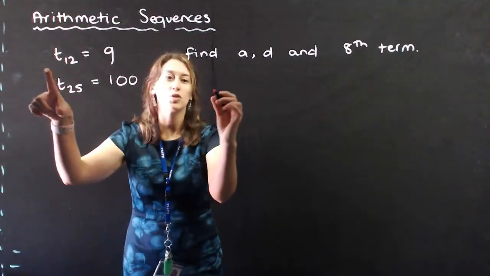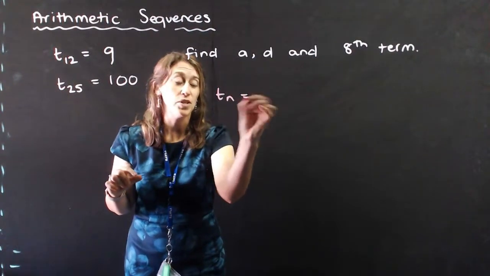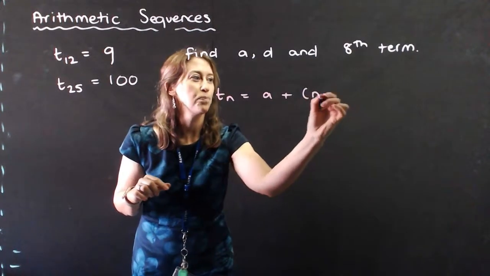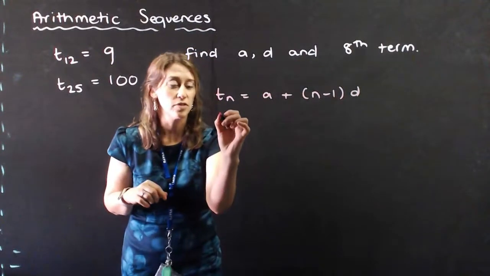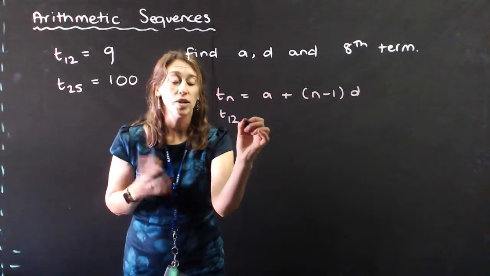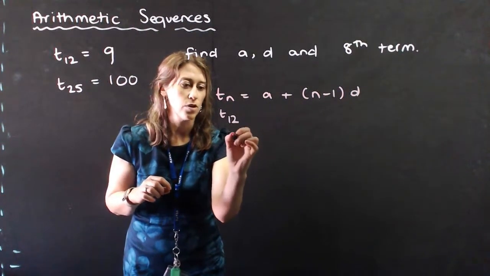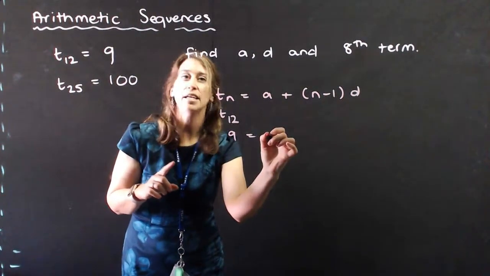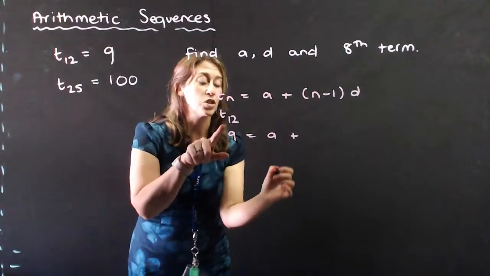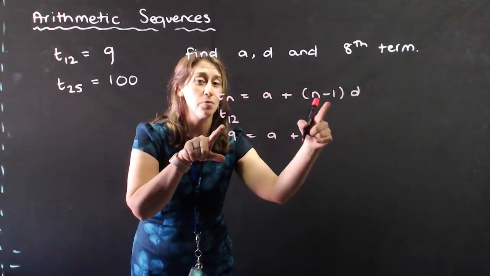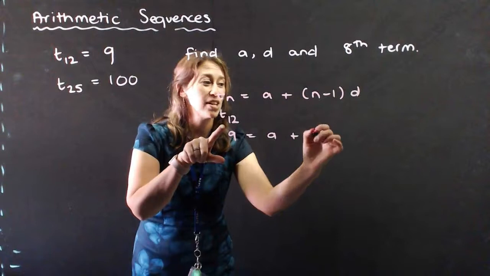If we're dealing with the 12th term, we're going to obviously be using our formula that we've been looking at. So let's do the 12th term. So T12, which is 9. So we'll write 9 equals A, we don't know, plus, well, if it's the 12th term, 12 minus 1, which is 11.